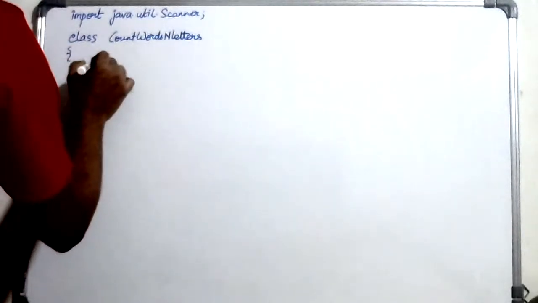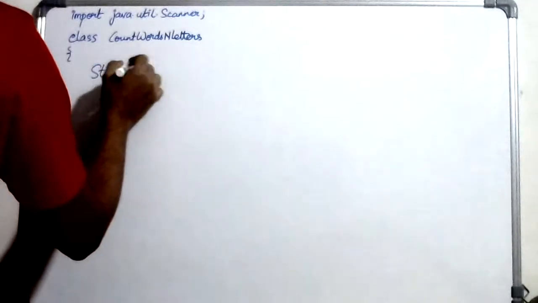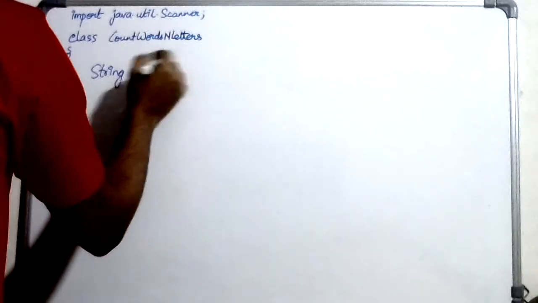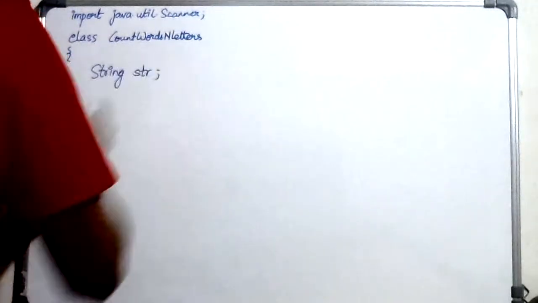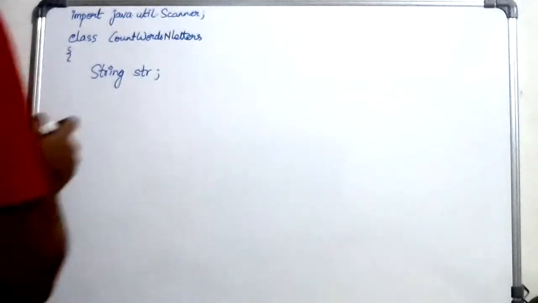So let's say I have a string variable defined here, string str, which will hold the sentence. I'm not writing the constructor, I'm leaving it up to the default constructor. Now I'll directly move on to the function.